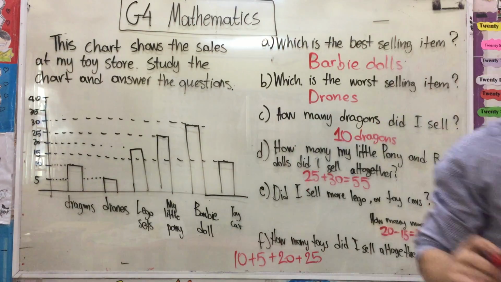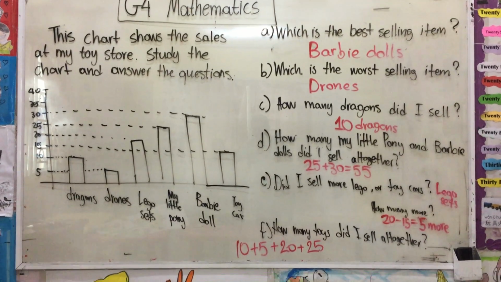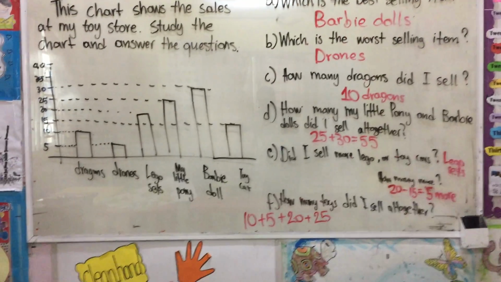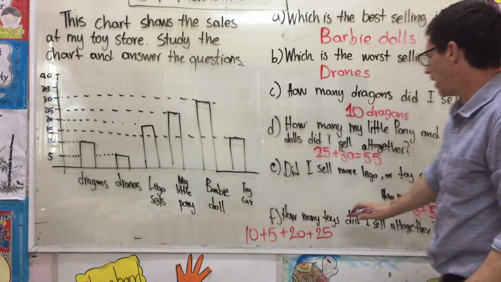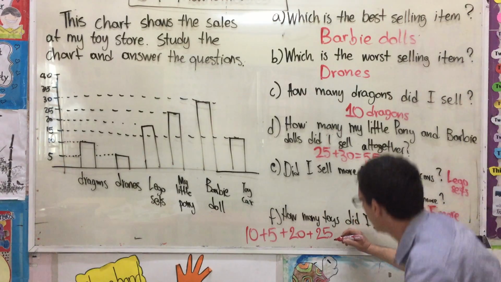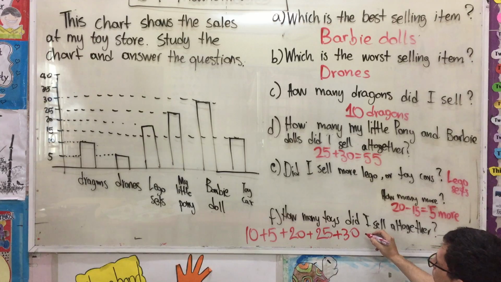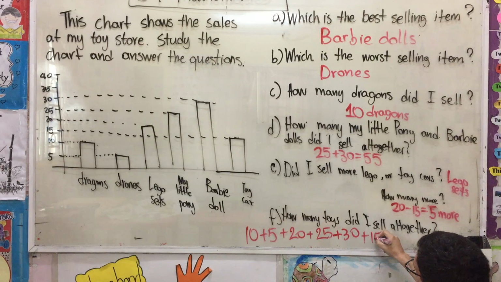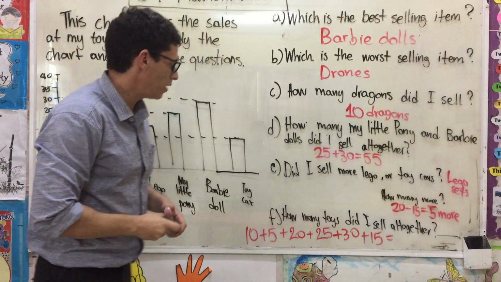Can you even see that, or is it too low on the whiteboard? Let me move it a little bit so you can see better. So 10 plus 5 plus 20 plus 25 plus 30 plus 15.